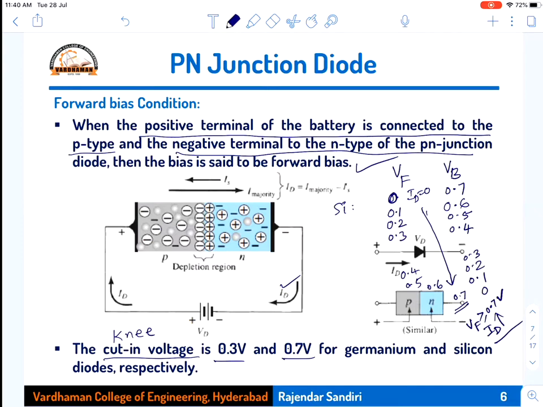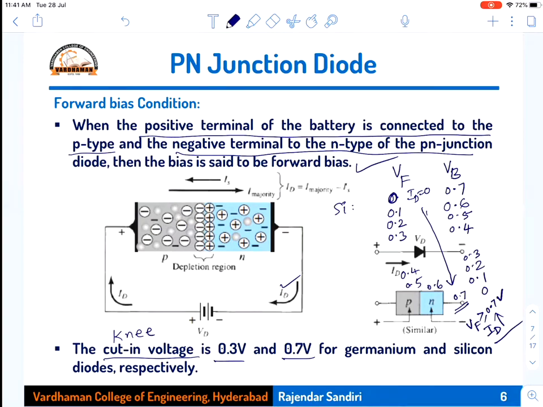Now when the current is flowing, because of what? Because of the majority charge carriers. What are the majority charge carriers in the p-type and n-type? P-type are holes, n-type are electrons. So this current is due to majority charge carriers.